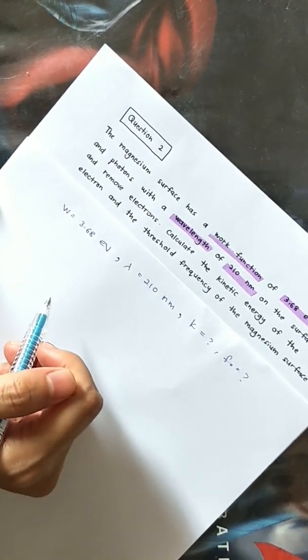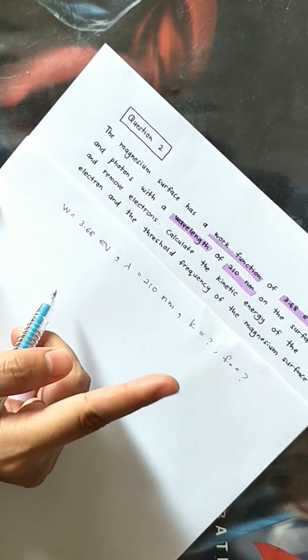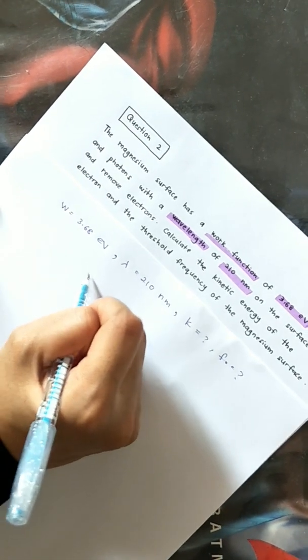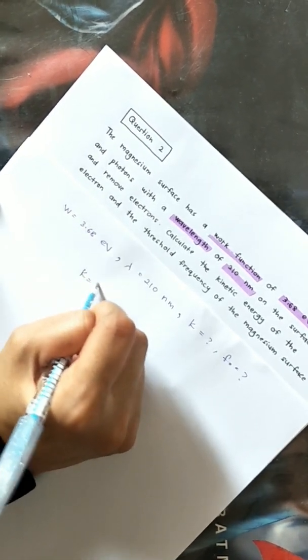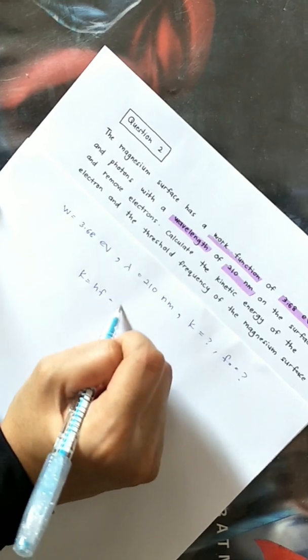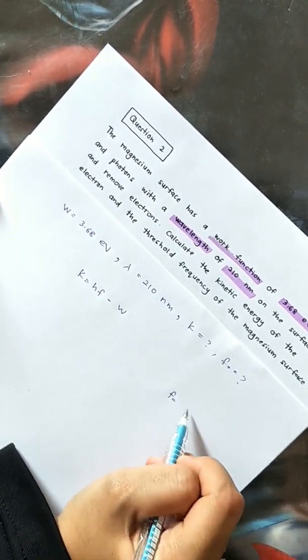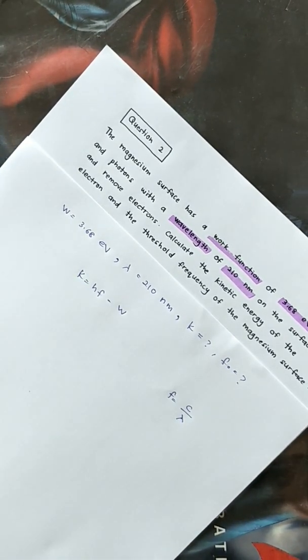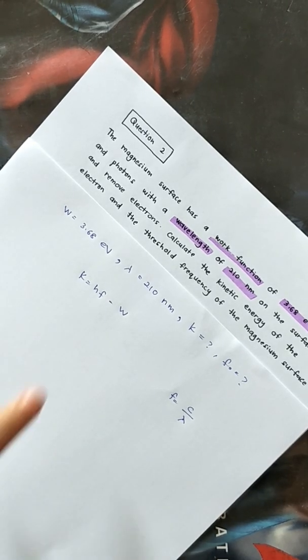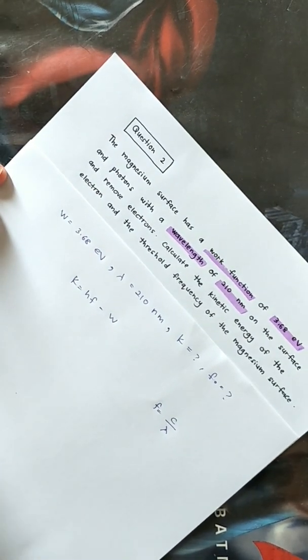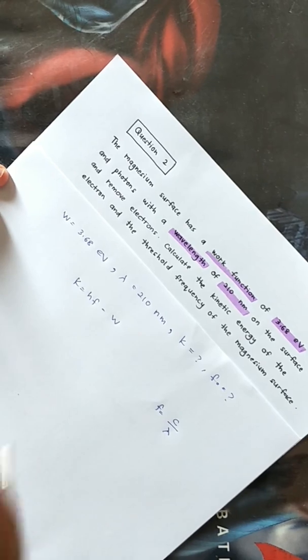Okay, from the previous equation, we also use the same equation, which is K = hf minus work function. If you remember, f is also equal to c over lambda, the speed of light divided by the wavelength. So we have to substitute this frequency into this equation because there is no frequency given in this question.